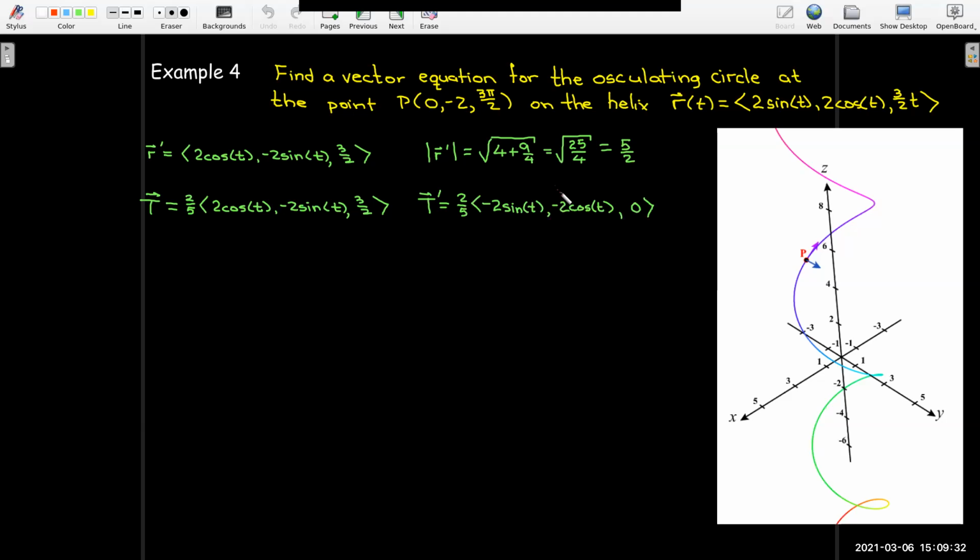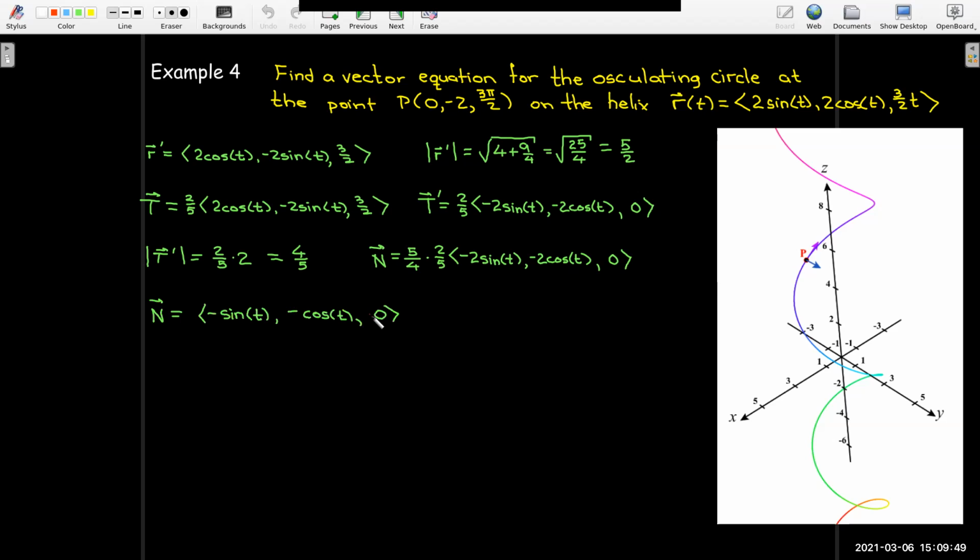Now take the derivative of T, and we can calculate its length easily again because of the sines and cosines, and now we've got a 0 in the k component. So now it's a simple calculation to calculate the unit normal vector. And so I've got the two vectors that lie in the osculating plane, and I can just take their cross product at that point.